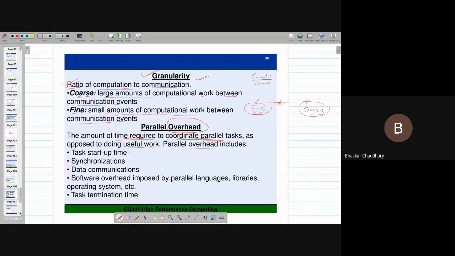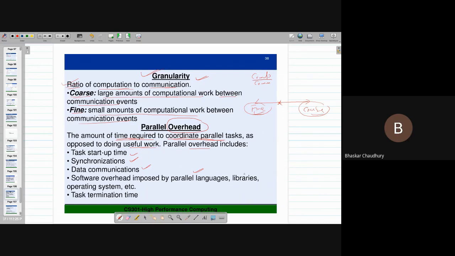One is task startup time. You have to introduce several tasks or several threads, whichever way you look at it. You have to introduce synchronization. You will require data communications. Then there is software overhead imposed by parallel languages, because now we are not going to do the same kind of compilation; the process of compilation itself will change.